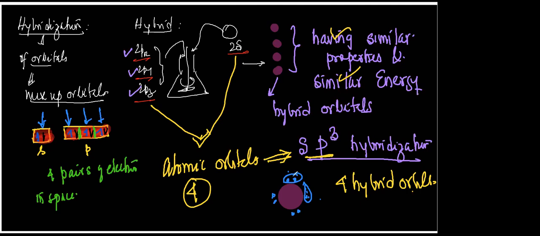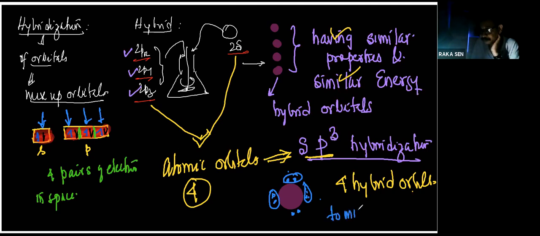That means all these 4 pairs of electrons will try to go to the furthest distance apart in 3-dimensional space to minimize repulsions. Suppose, say for example, I have got this particular room.